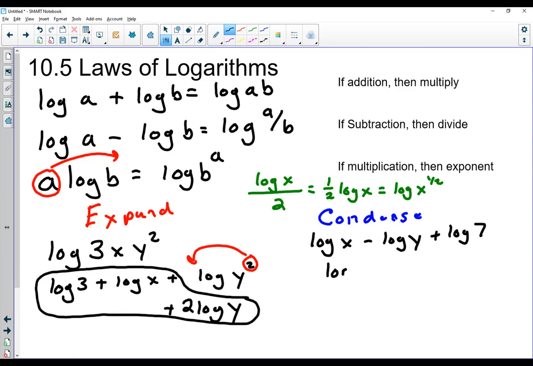So you could rewrite this as log x over y. Now, because this is addition, you're multiplying 7 with x over y. So you could consider this 7 over 1 times x over y. That's going to become log 7x over y.